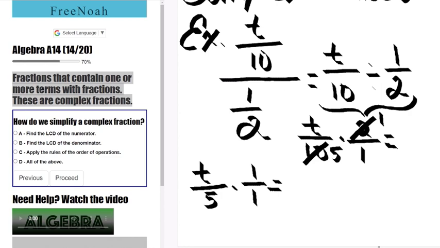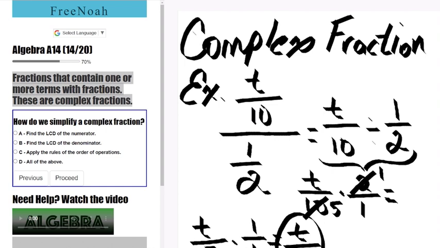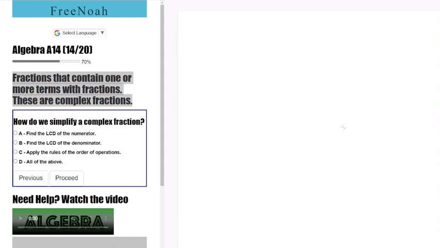Simple multiplication here. T times 1 gives us t. 5 times 1 gives us a denominator of 5, and a final outcome of t over 5. So this is a great example of complex fractions.